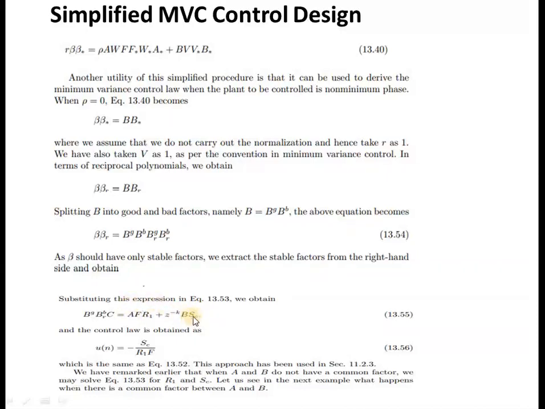To design the minimum variance controller, we have to solve this Aryabhatta identity, and from it we can find R1 and SC. With the help of these two we can design the control effort u of n, and we use this control effort to minimize the performance index in the minimum variance controller. This is all about designing the simplified LQG controller and the simplified minimum variance controller.